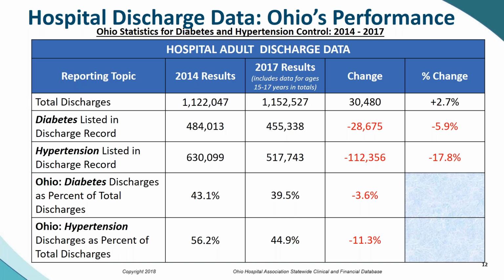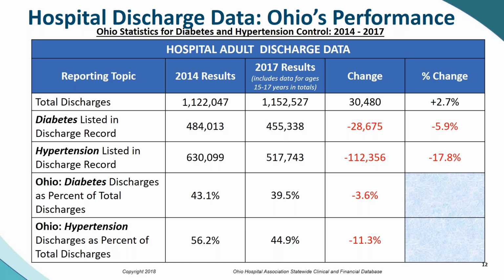However, the patients who were listed as diabetic in their discharge data decreased significantly by almost 30,000 patients during that time. But even more significant were the hypertensive patients, which went down by 112,000 patients, almost an 18% drop during that period.